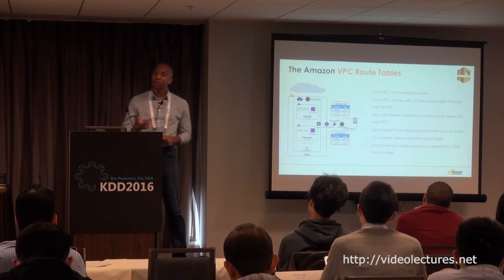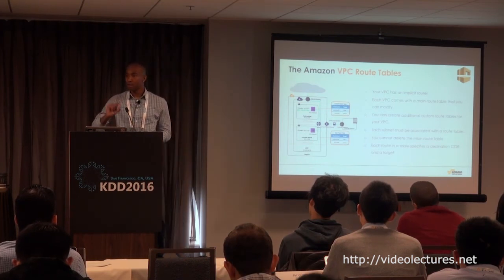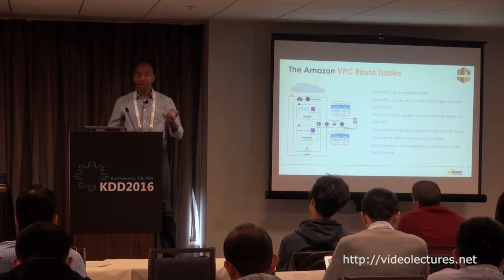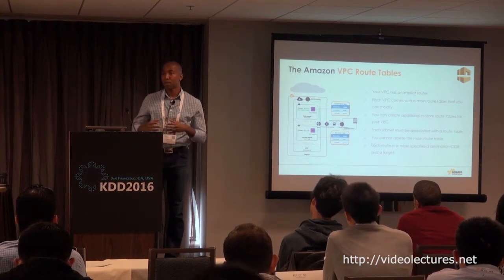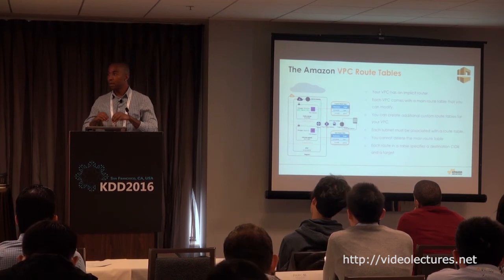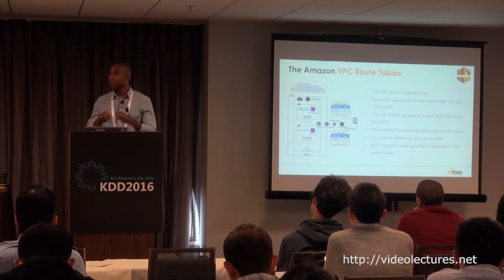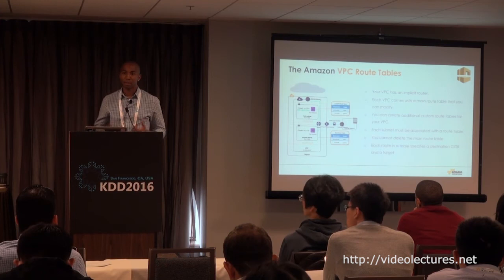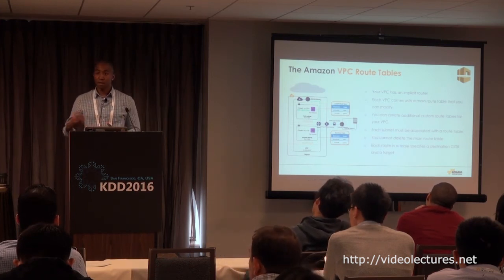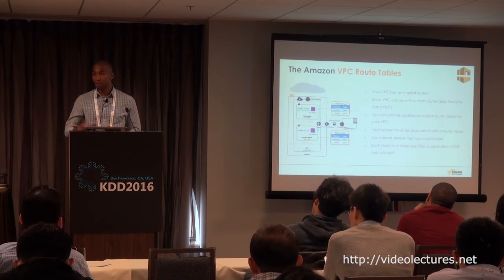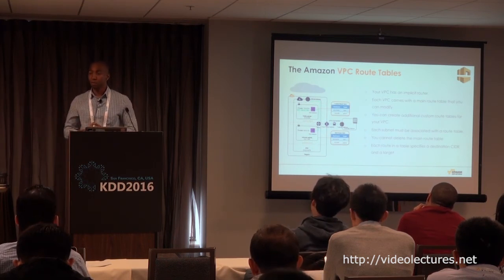When you look in the console, you will not see the subnet association. As a matter of fact, you will see on the main route table zero subnet associations. That's because we implicitly associate those subnets with your route table. It's done behind the scenes. But you can explicitly associate a subnet with the main route table or with another route table.